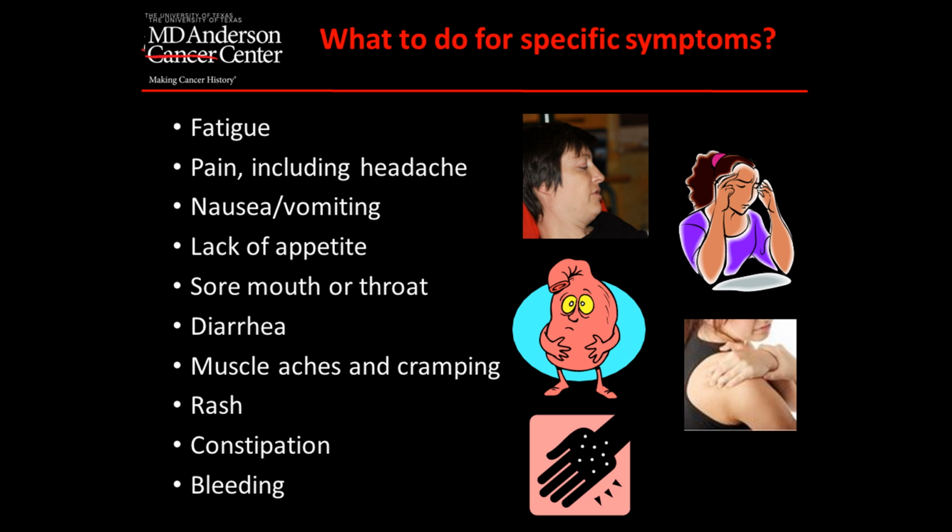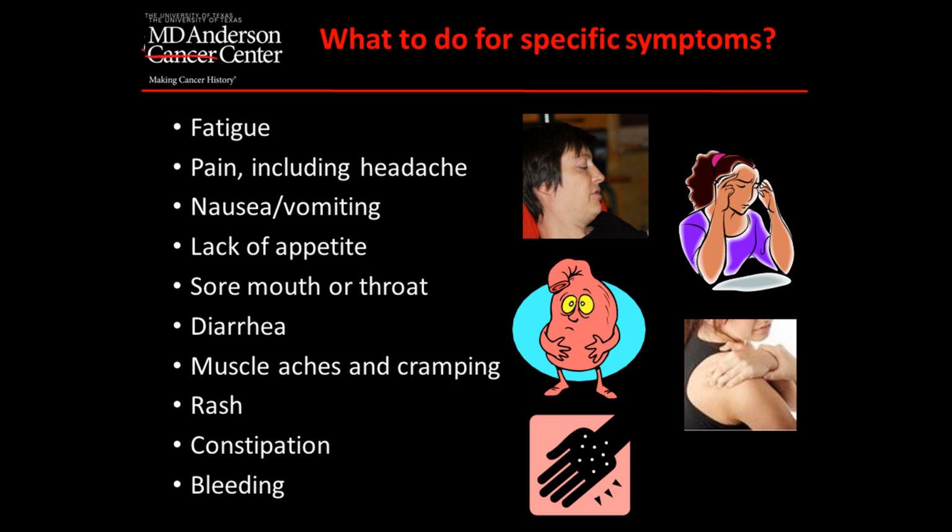If you have a lack of appetite, again, frequent small amounts of food are better than large meals. And just having a small plate with just a little bit on it is better than having a big plate of food, even if you say, I'm only going to eat a few bites. Just seeing that big plate of food often takes away your appetite.